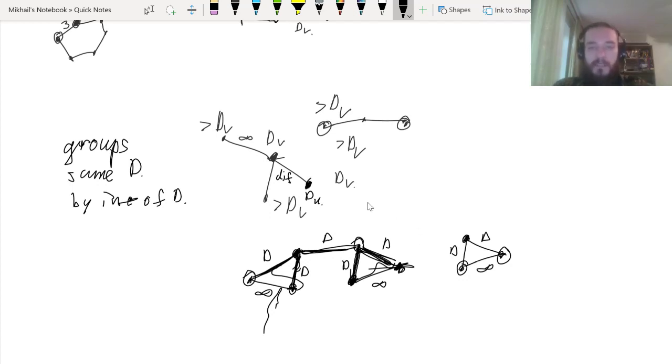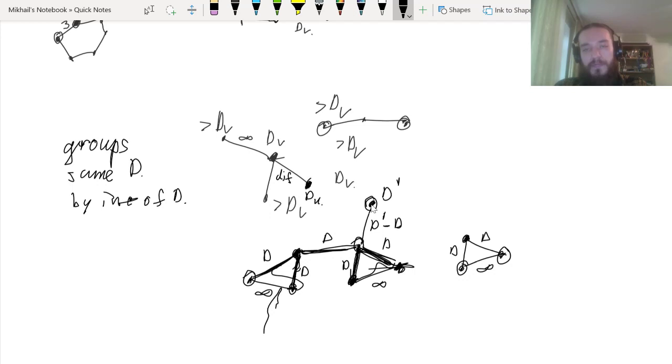So let's consider the next group. Say the next value is d strike. If this is connected to one of the smaller vertices, so if it has a smaller neighbor, then we give it the same color, but the edge here is going to have the weight equal to the difference.